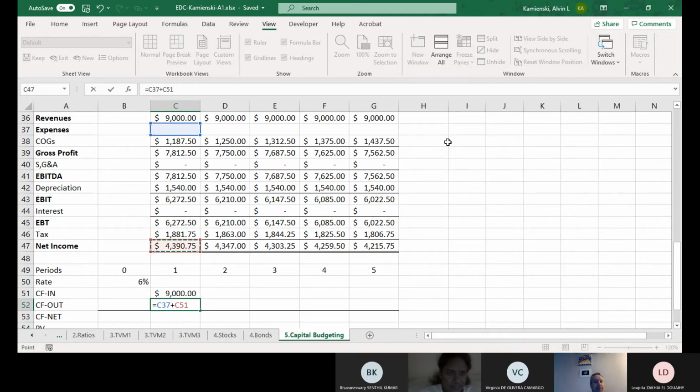Then if we did take on new SG&A, sales, general, and administrative expenses, and we do not include depreciation, we do not include that because that's not a cash flow.